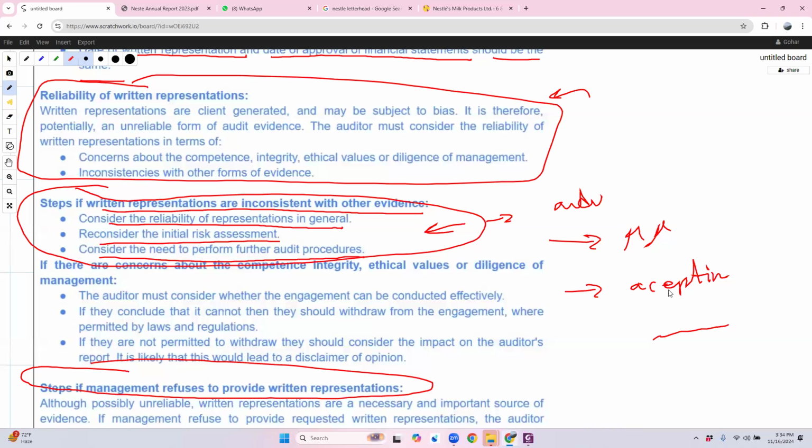The written representation that you wanted to take from the management and the actual understanding you have are different right now. What has actually happened and what you understand as an auditor are different. So you need to go back to the audit again. You need to rethink: have I done the audit of revenue correctly or not? So you will need to again perform substantive procedures and risk assessment regarding revenue, so you can gain the proper understanding. Got it?